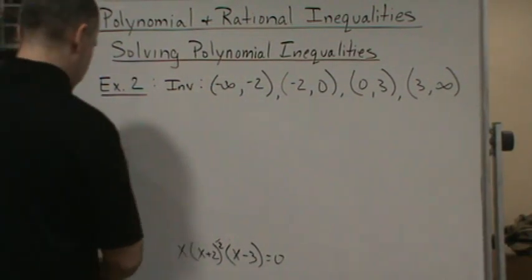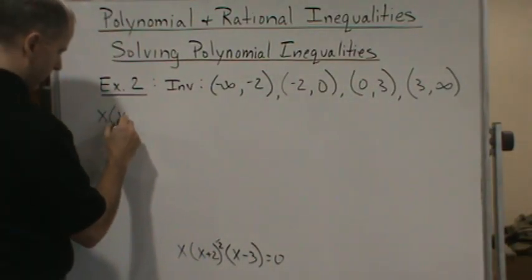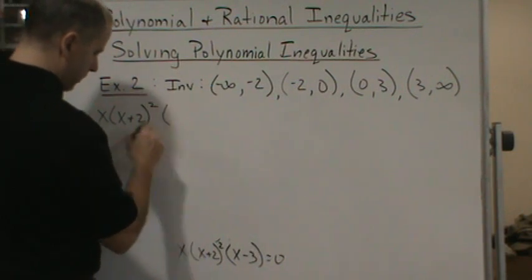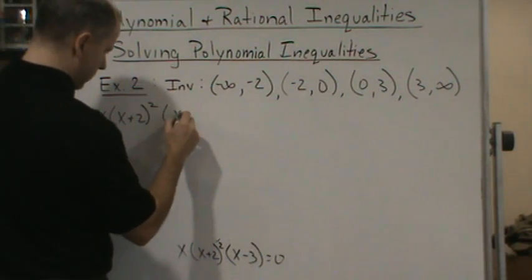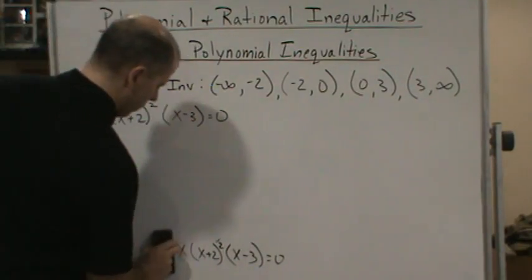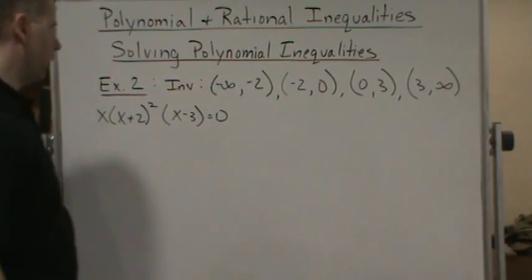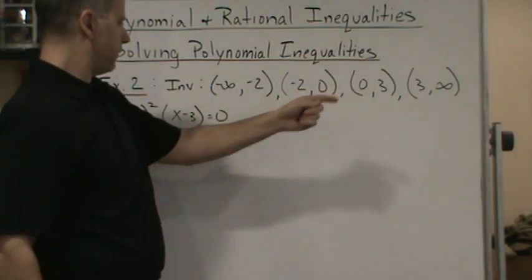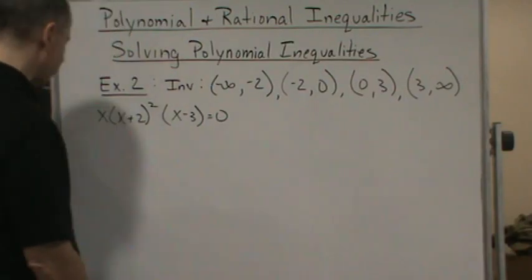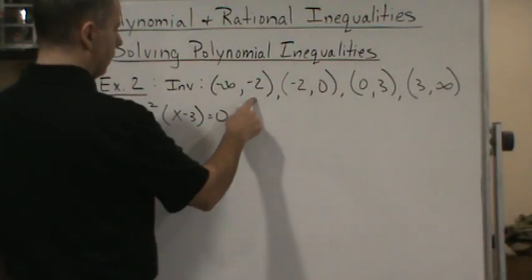Okay, so let's look at our equation here in factored form. Now we're going to do a test point, and we're going to test the sign of the function in each one. So let's pick -3.